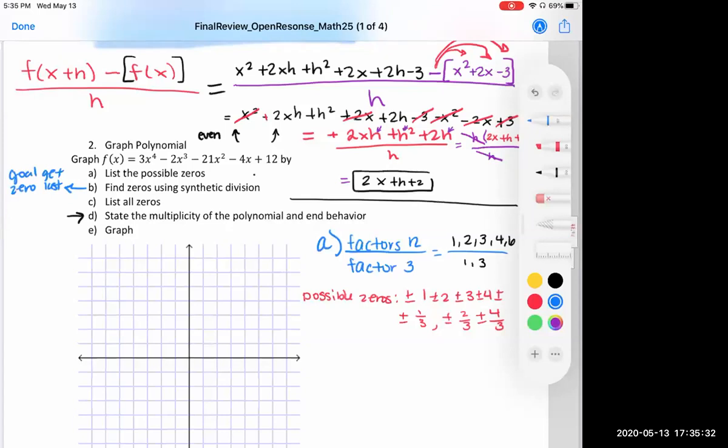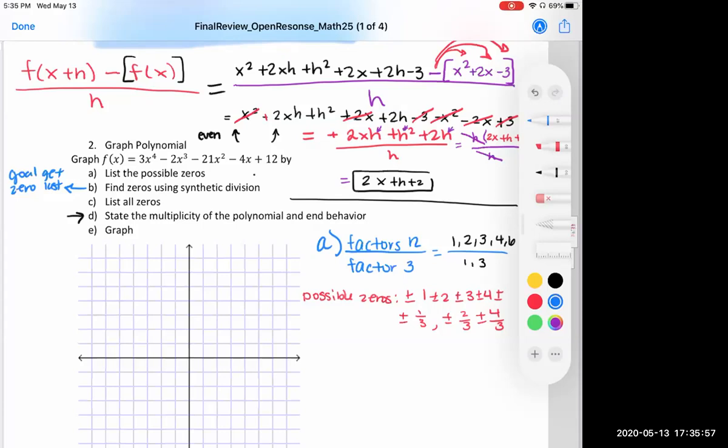Now, I will give you hints so that you're not stuck doing synthetic division for an hour straight. Well, let's see, if it took you 4 minutes to do each one, there's 7 of them. You'll be there for a good half hour just doing synthetic division, right?